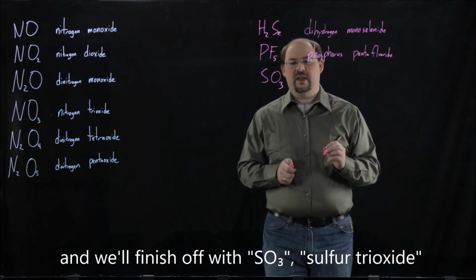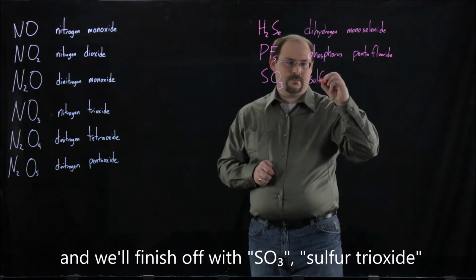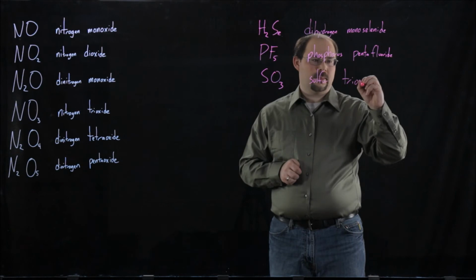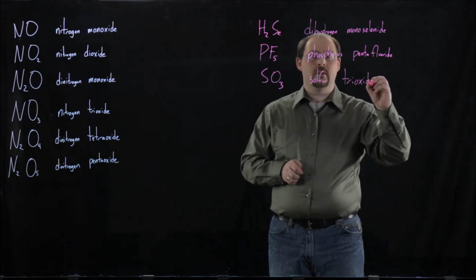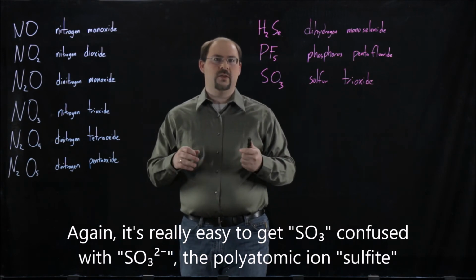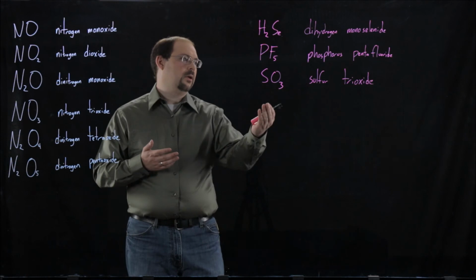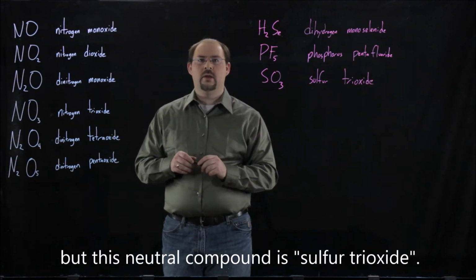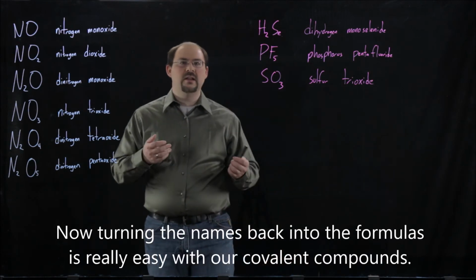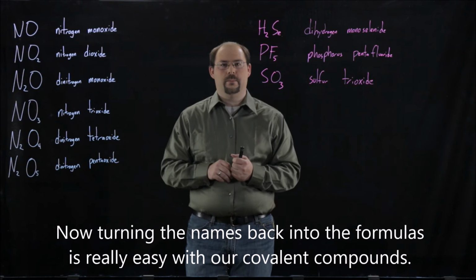And we'll finish off with SO3, sulfur trioxide. Again, it's really easy to get SO3 confused with SO3 2-, the polyatomic ion sulfite, but this neutral compound is sulfur trioxide.